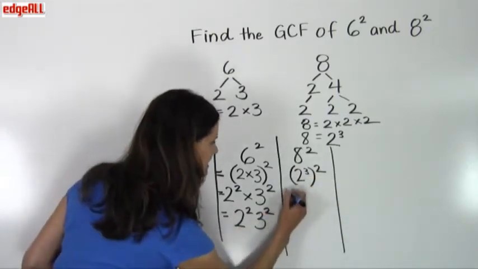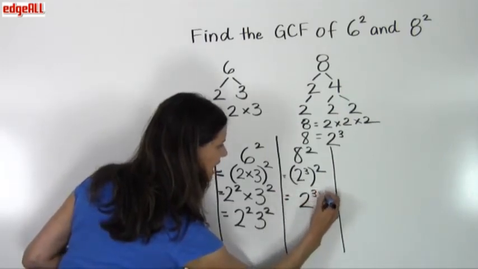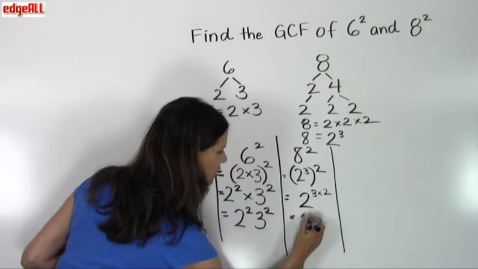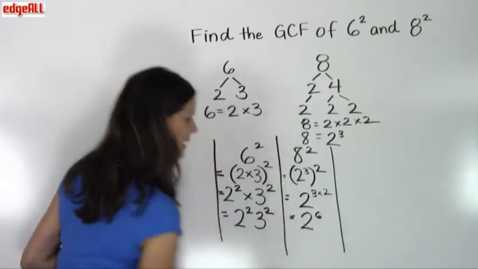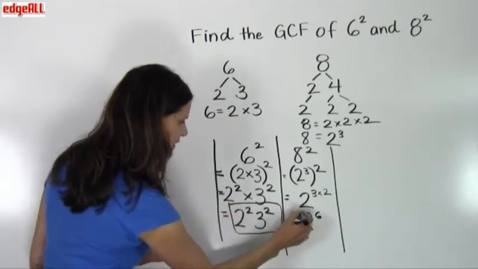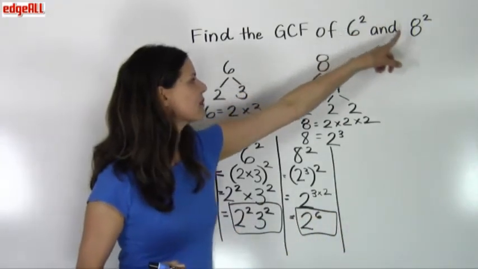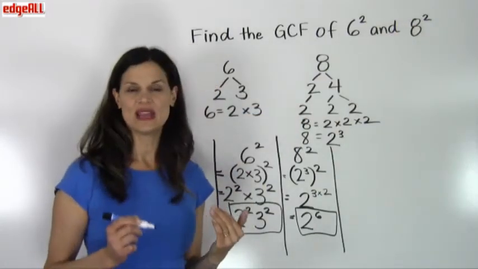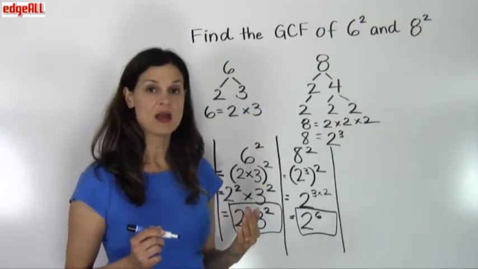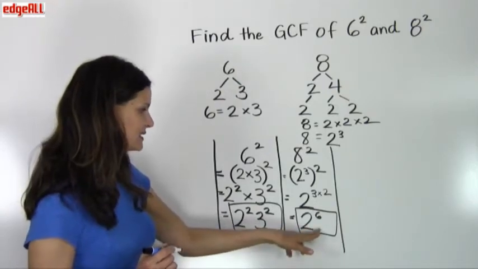So this is the same as 2 to the 3 times 2 power, or 2 to the 6th power. So now I have both of my numbers, both my 6 squared and my 8 squared, written in terms of prime factorization raised to exponents.